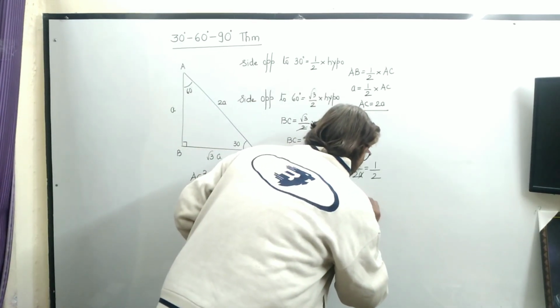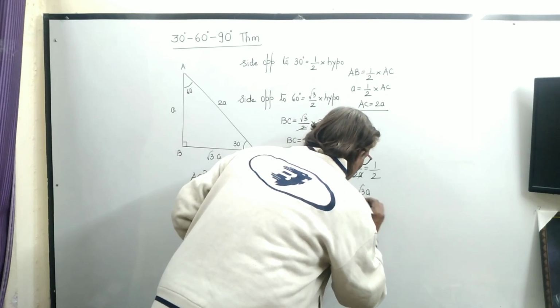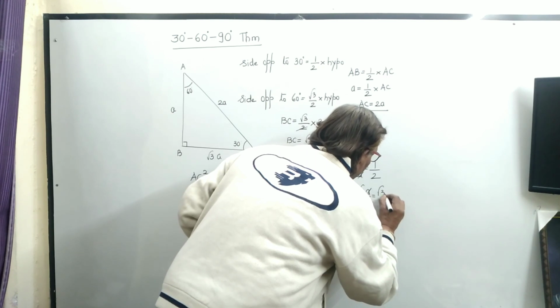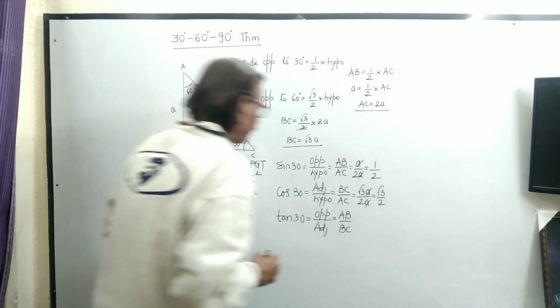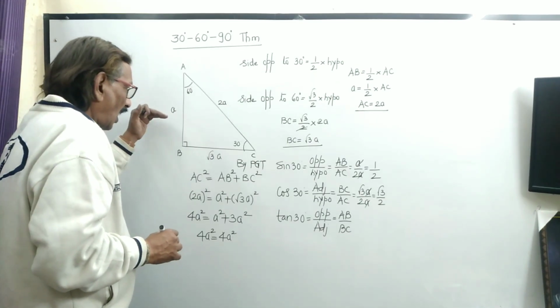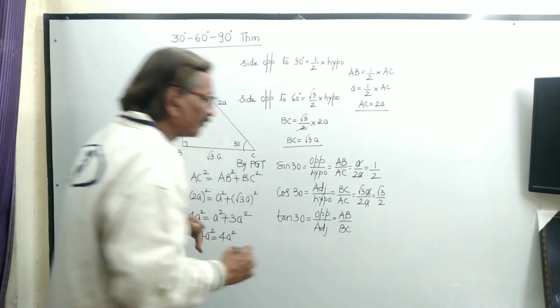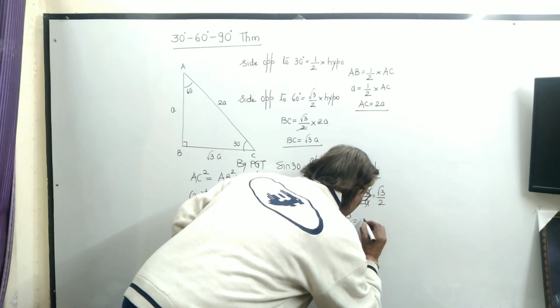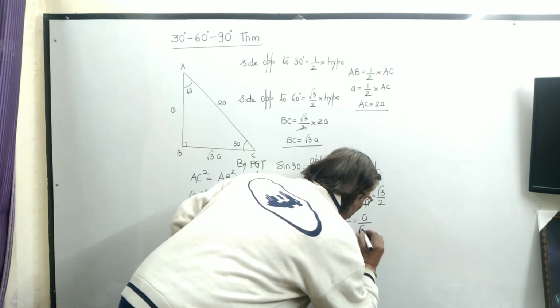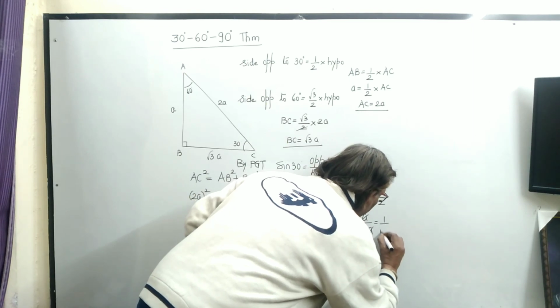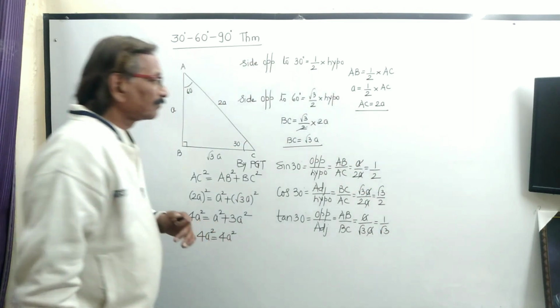The a's cancel. This becomes root 3 upon 2. Opposite upon adjacent, a upon root 3a. The a's cancel. I have 1 by root 3.